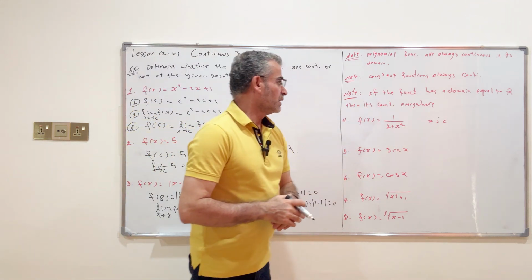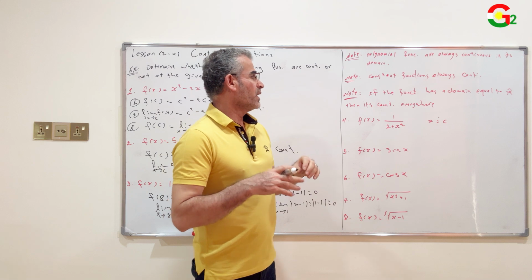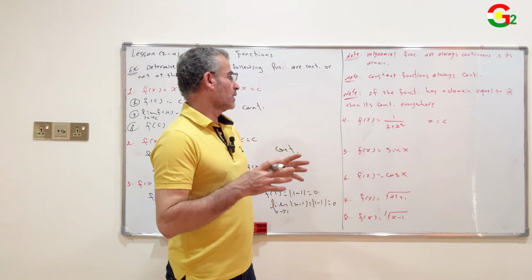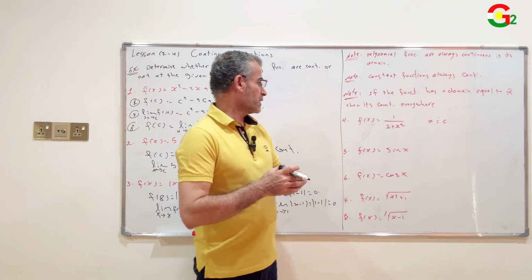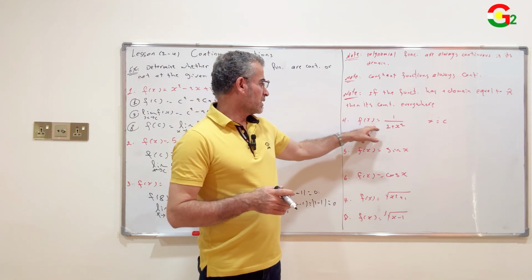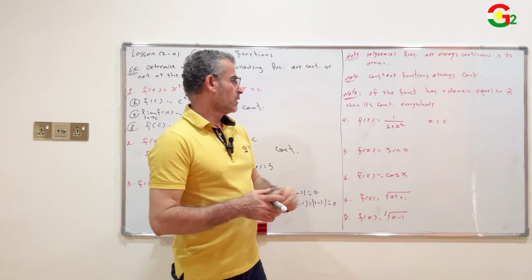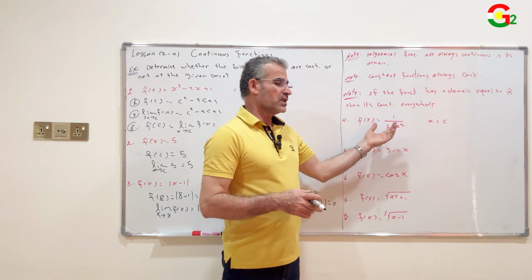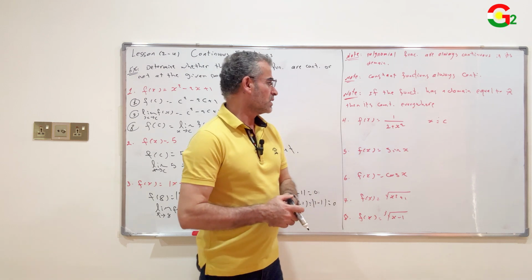If any function, polynomial or not polynomial, has a domain equal to R, the real numbers, then it is continuous everywhere. For example, f of x equals 1 over 2 plus x squared. The domain of this function is R since there is no point that makes the denominator 0.